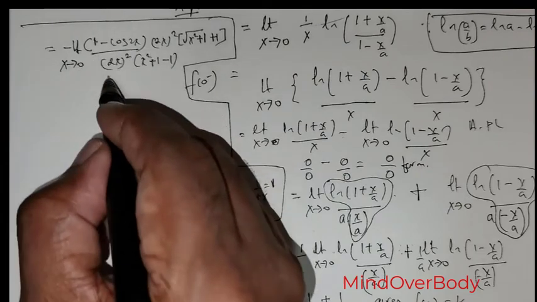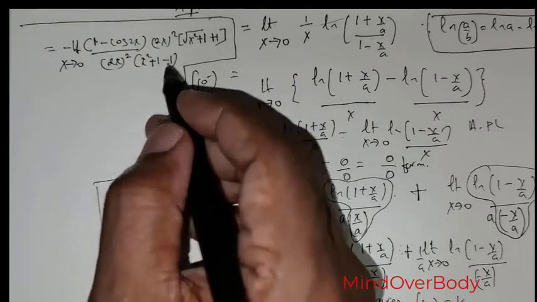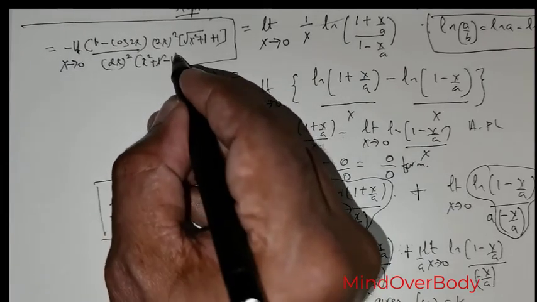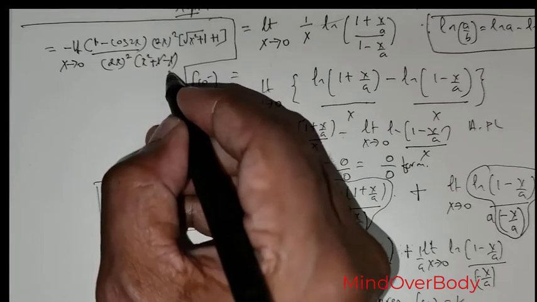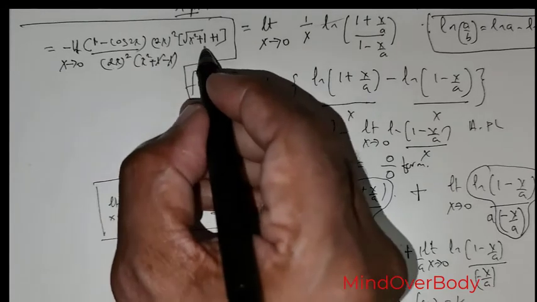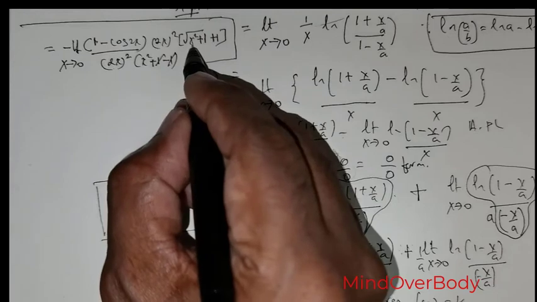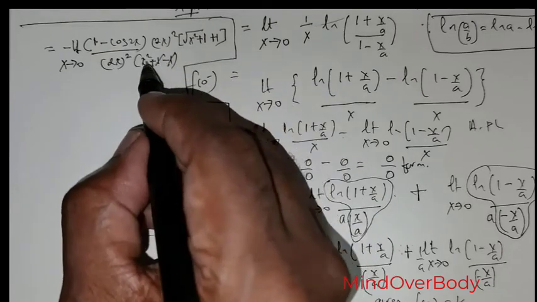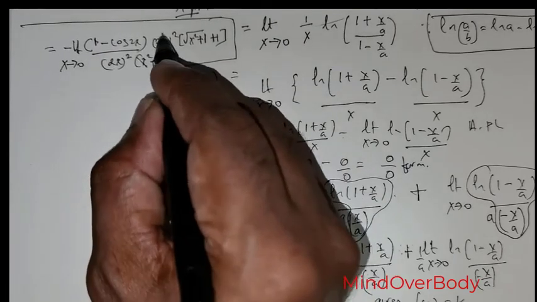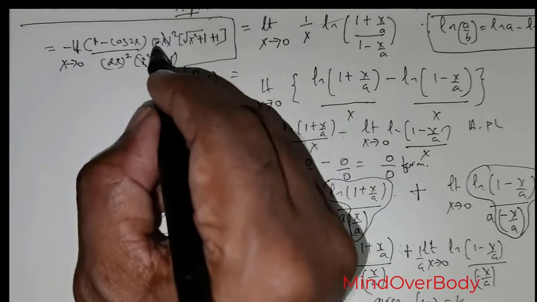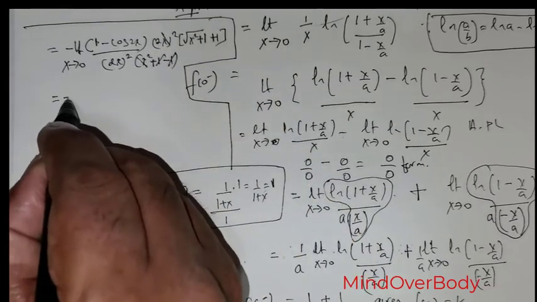Now as I mentioned to you, before I could apply the limits, let me simplify this. This gets cancelled, this gets cancelled, and I have root of x squared plus 1. Now this x squared and this x squared can be cancelled, leaving me with 4. So I'm going to rewrite that.